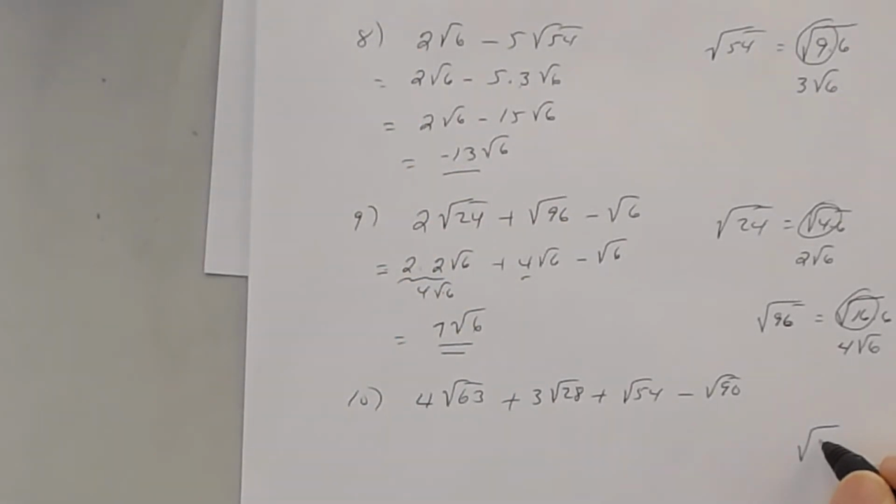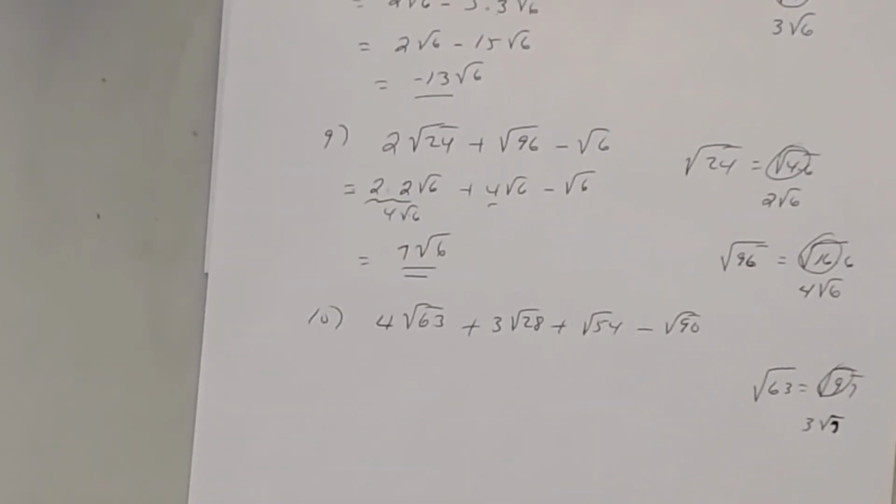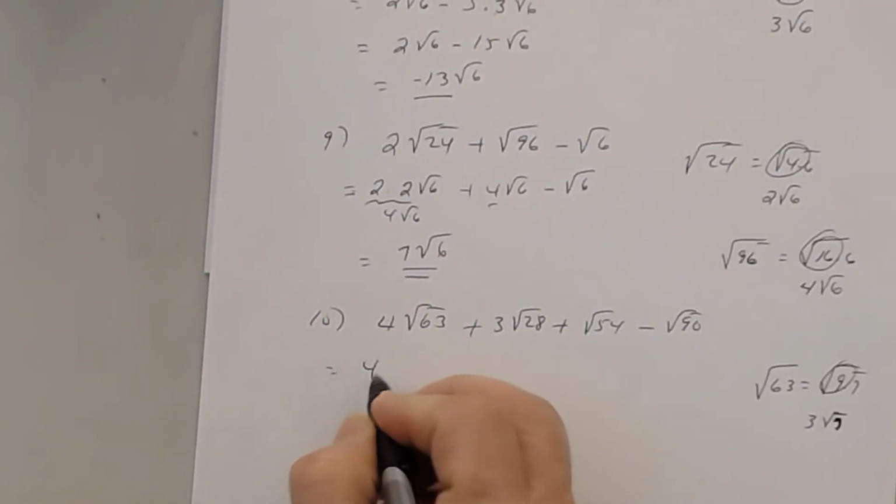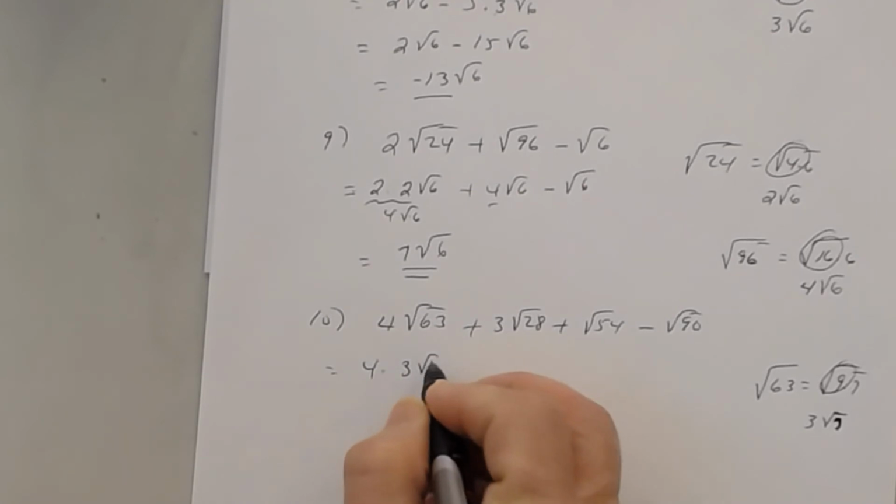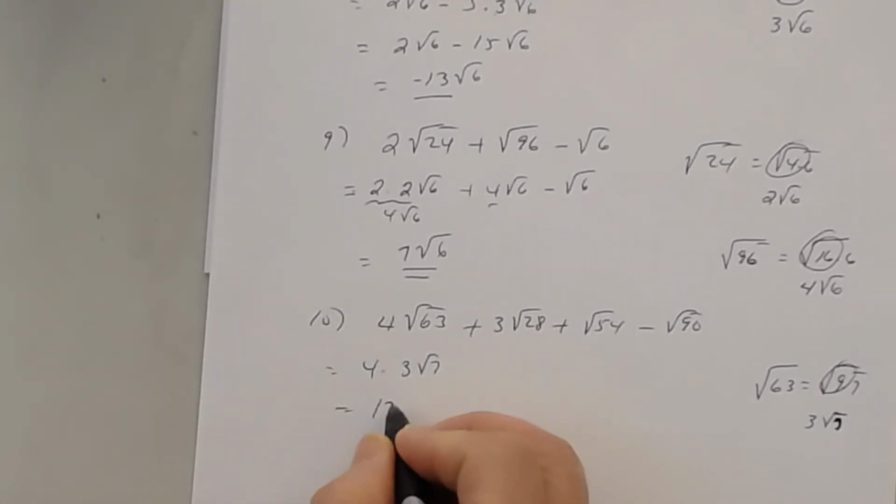What perfect square goes into 63? 9 and 7. All right, so 9 times 7. What's the square root of 9? So that's 3 square root of 7, right? I'm trying to go through this quickly, so bear with me. So that's 4 times 3 square root of 7, right? Which really is 12 square root of 7.